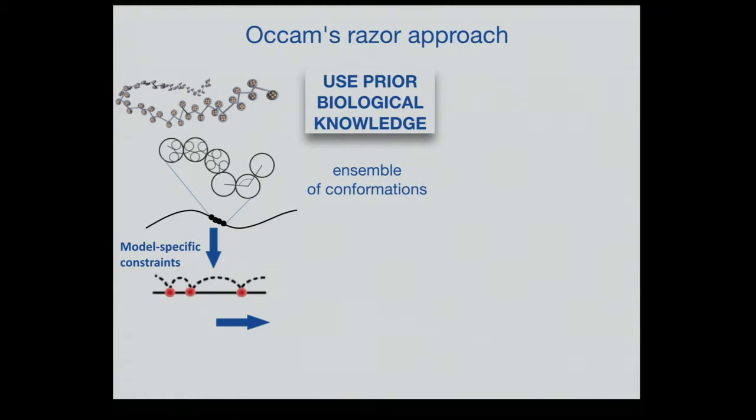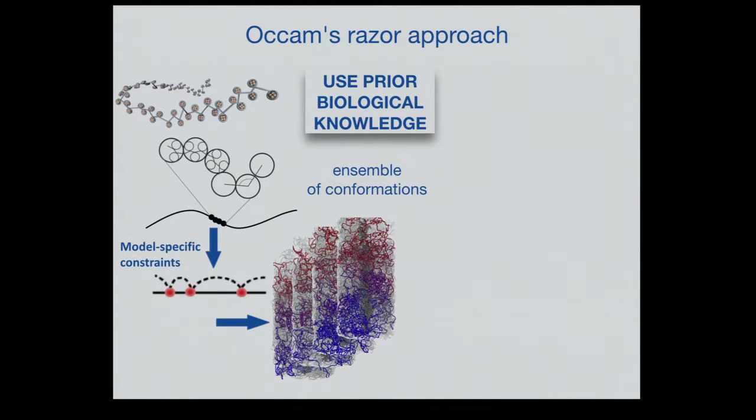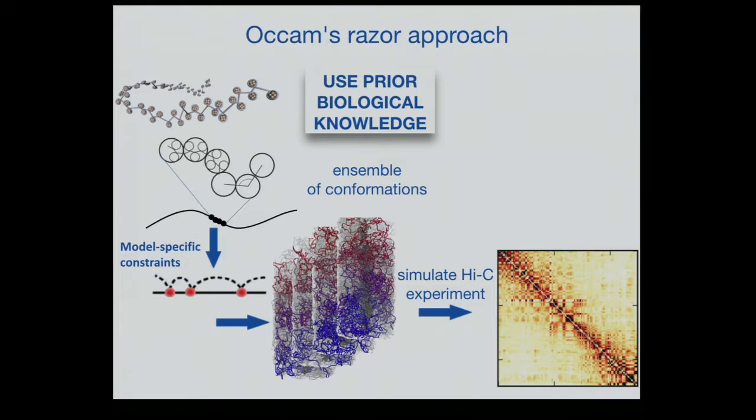I essentially generate an ensemble of conformations subject to stochastic thermal fluctuations of this polymer. In this case, it was confined to be in a cylindrical shape because we were interested in the model of the mitotic chromosome. So I generate an ensemble of conformations that represent individual realizations of this chromosomal region in individual cells, and then I average over them by doing essentially a simulated Hi-C experiment, if you wish.